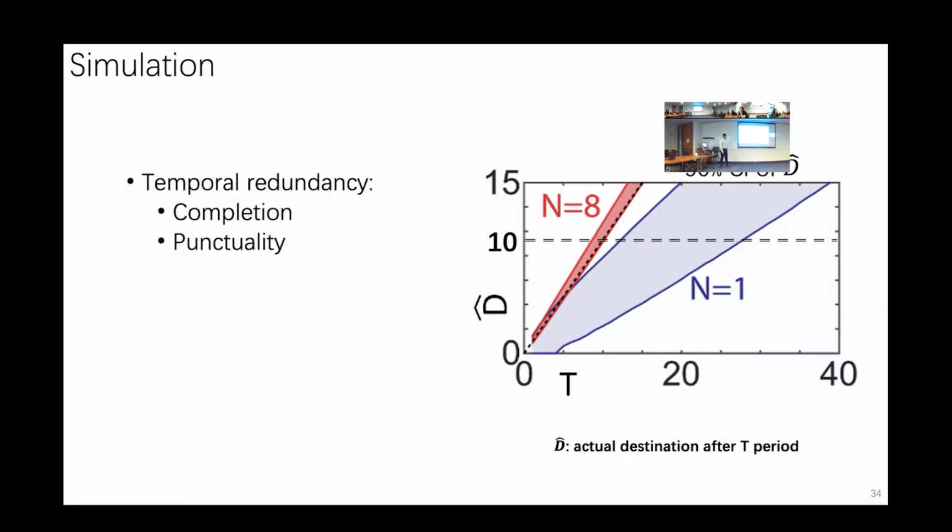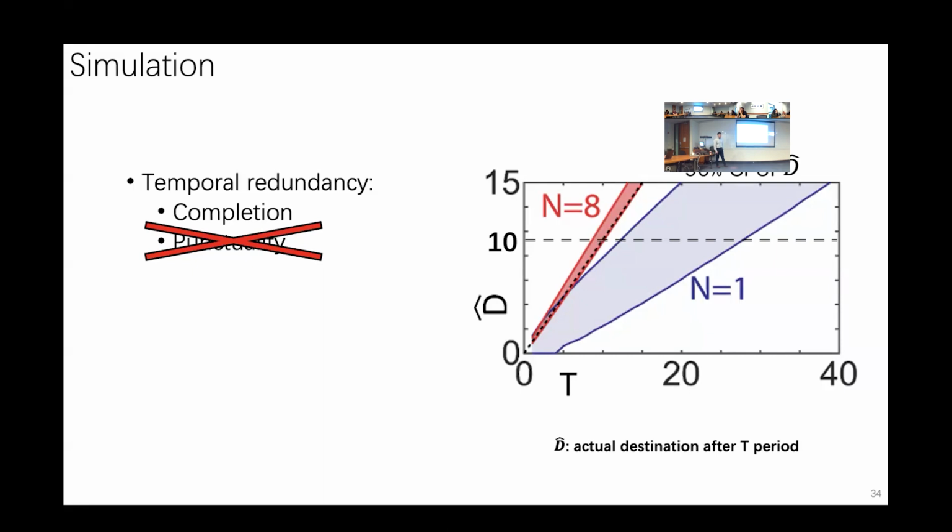That means for the temporal redundancy, we can only guarantee the completion of the locomotion task, but we cannot guarantee the punctuality. But then we look at N equals 8, at 8 pairs of legs. In those cases, the error bars are tightly bounded.